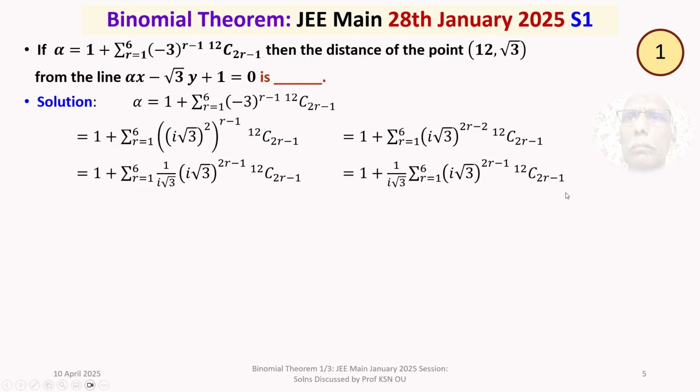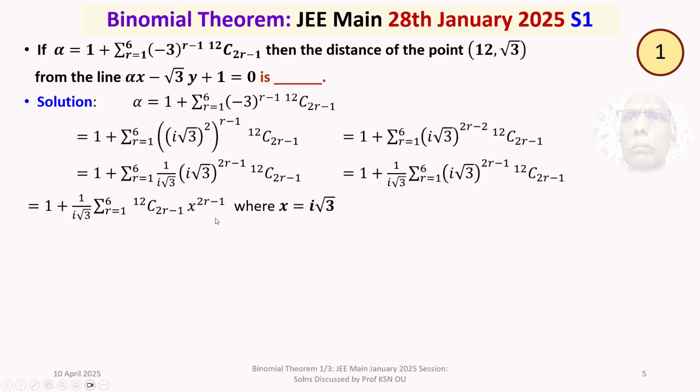So that is equal to 1 plus 1 by i root 3 sigma r is equal to 1 to 6 of 12C(2r minus 1) into x to the power of 2r minus 1, where x is i root 3. This we have substituted for easiness. Writing i root 3 always will be a tedious thing.